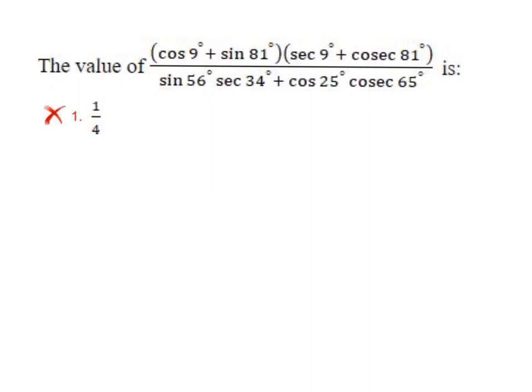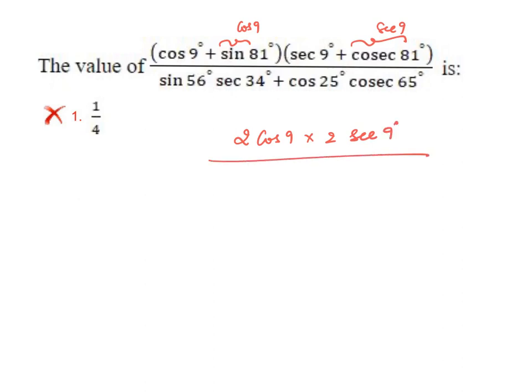The value of (cos 9 plus sin 81)/(secant 9 plus cosecant 81). Sin 81 can be written as cos 9. Cosecant 81 can be written as secant 9. So I can write 2 cos 9 degrees into 2 secant 9 degrees, divided by sin 56 secant 34.